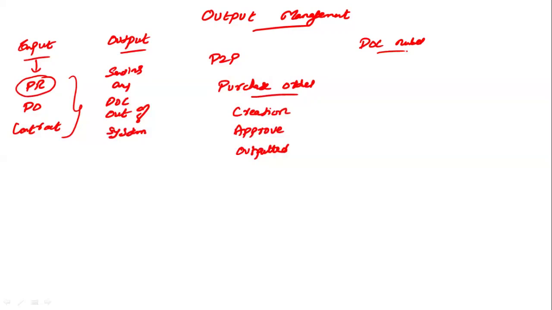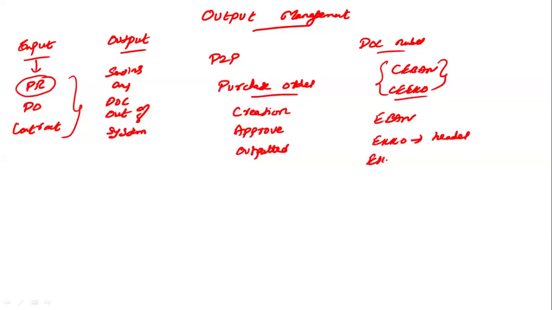The data will always be fetched from tables and fields. Yesterday we discussed the tables when we started discussing the release procedure. For PR it is CEBAN. For PO it is CEEKO. This is only for release. Apart from release, for PR it is EBAN. For PO it is EKKO for the header and EKPO for the item.